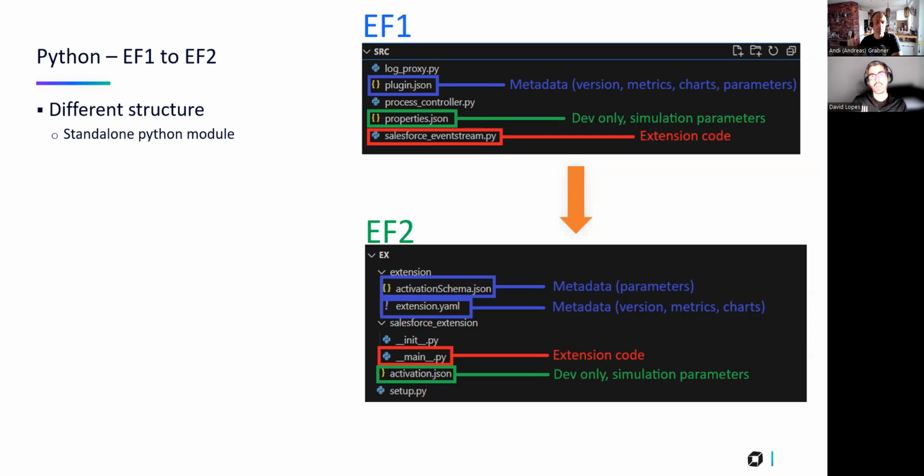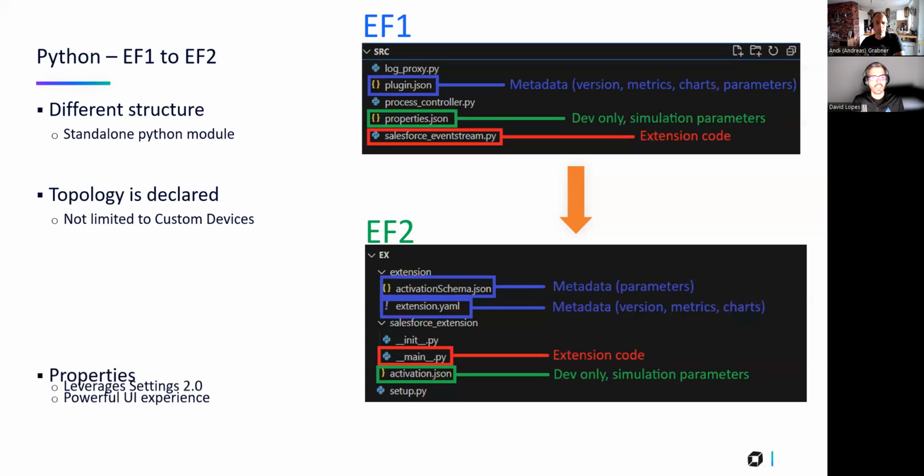And we did have to break up some files. So specifically, the properties that the user inputs go to its own activation file. The topology now is declared. So what does that mean? Before in EF1, if you ever developed extensions, you know that you had to create groups and custom devices, and you were limited to only custom devices.